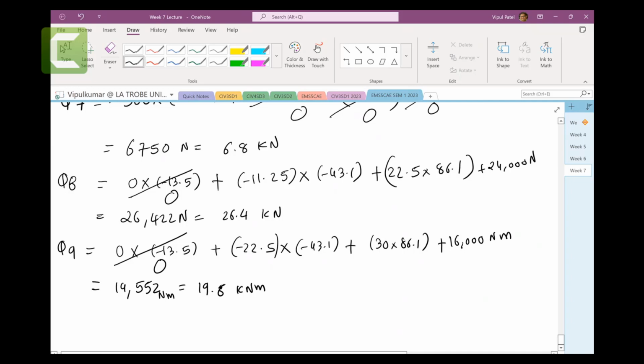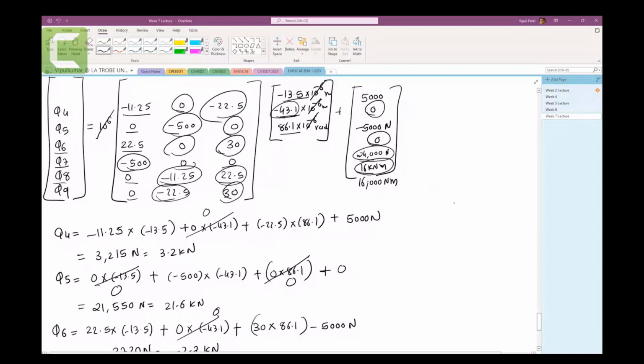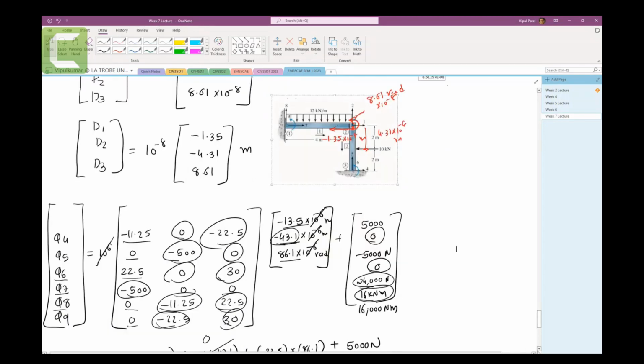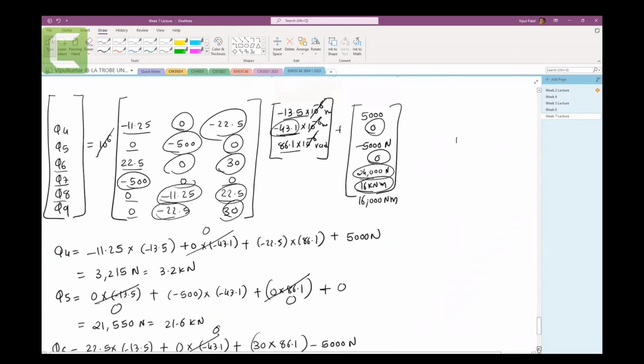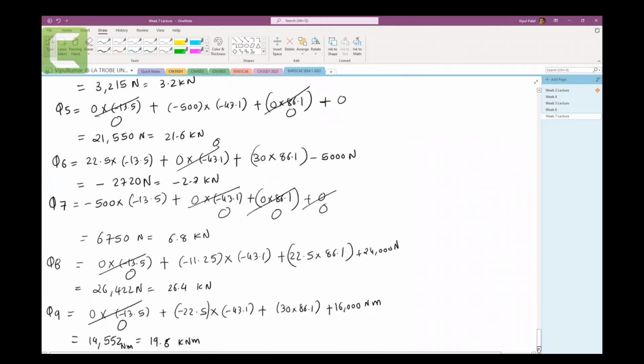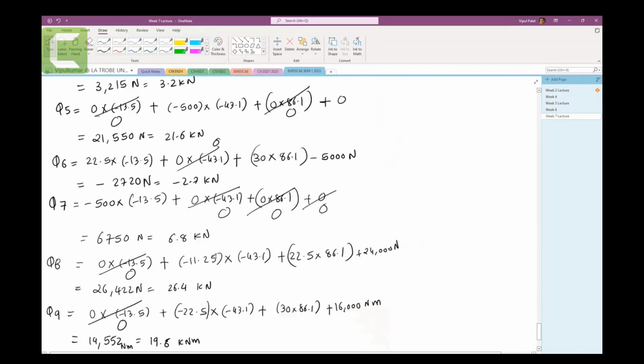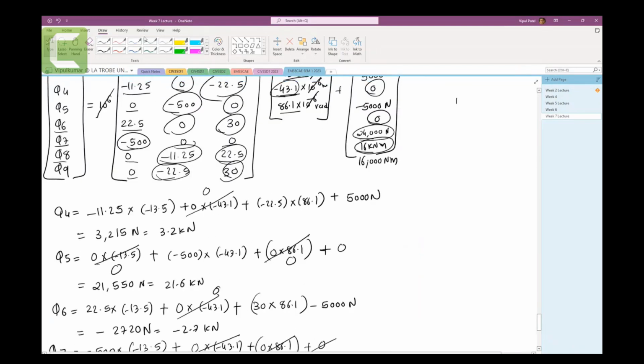So I hope you understand these ones. As you can see, these figures are here. Let me copy those figures for you. And then we're going to put all these details, all the reaction forces, on those figures. Now, let's start with Q4. The Q4 that we got is 3.2 positive.